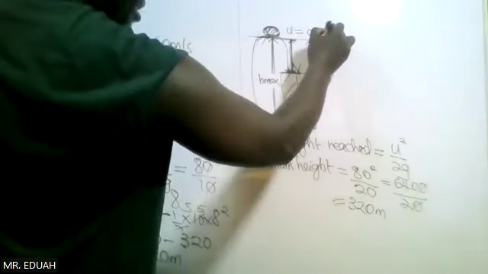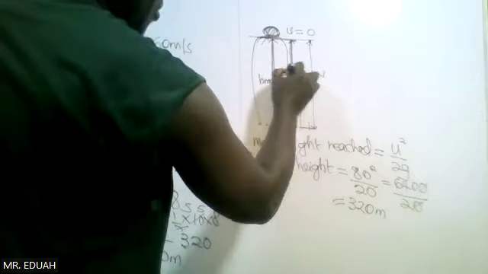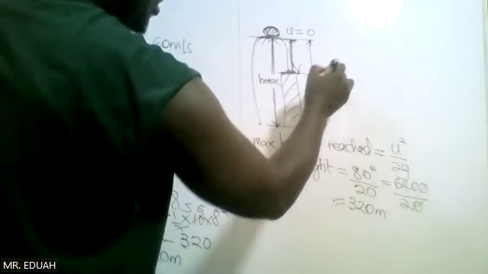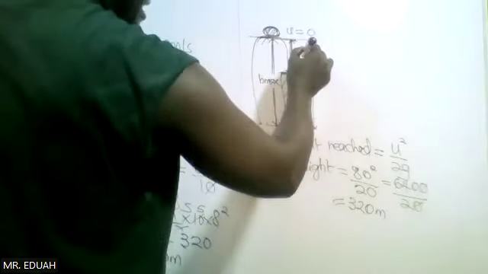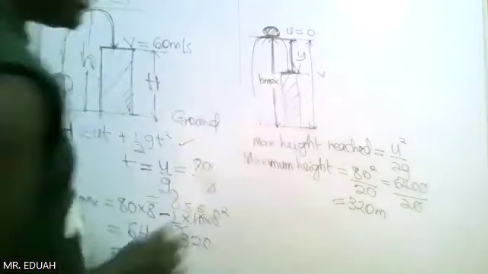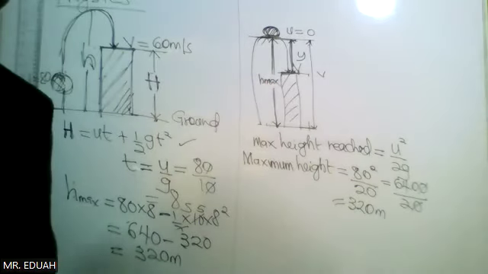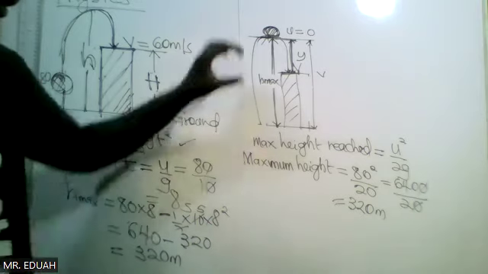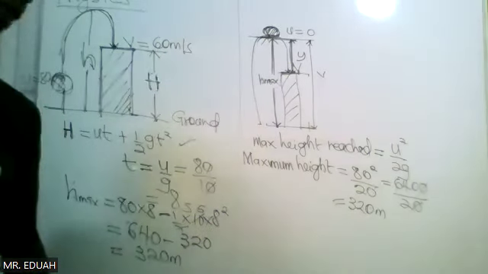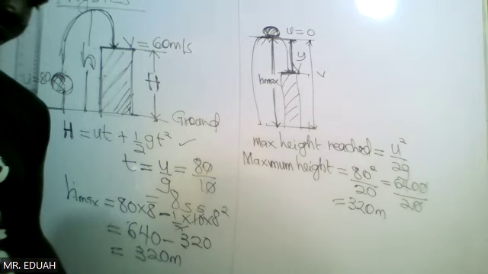We know the initial velocity, we know the final velocity when it lands. How do we determine this height? Let's label that height as Y. How do we determine it? Because if we could find Y, we can easily find the height of the building.